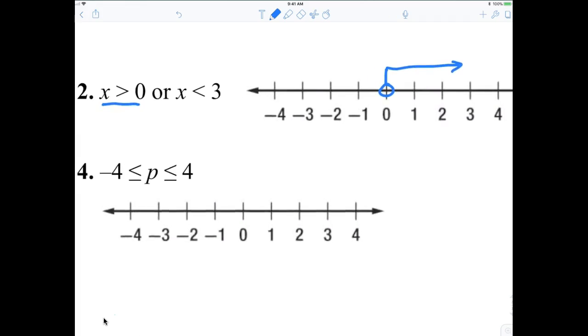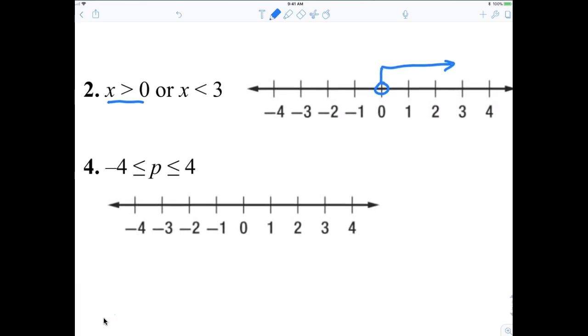Now, you have to listen carefully because they kind of made a mistake here. Change it to x is less than negative 3. There'd be an open circle at negative 3, and then we're going to the left.